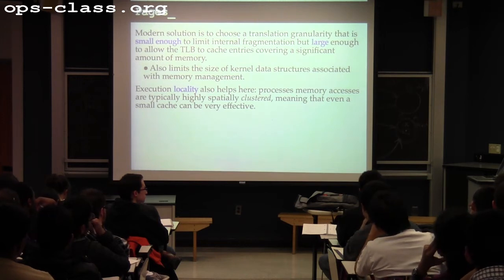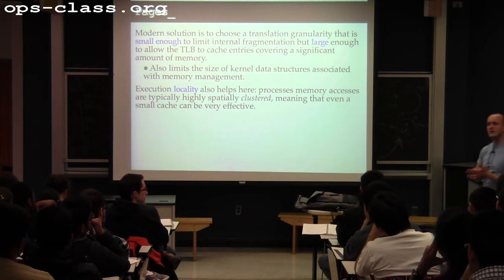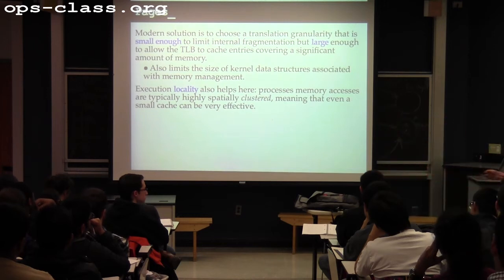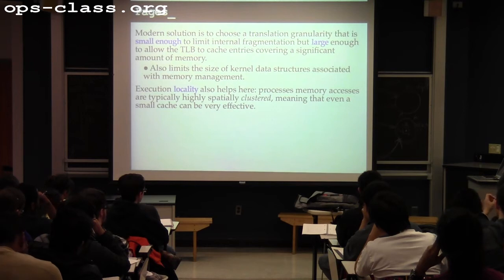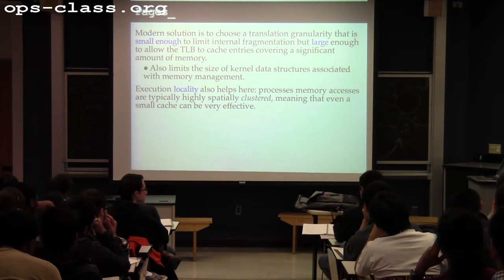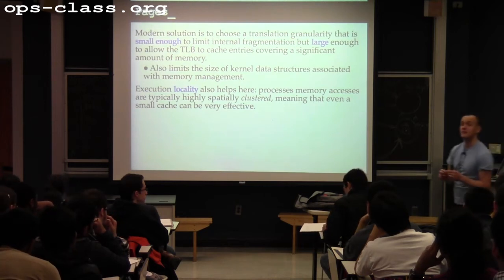Can anyone else think of other contributors to locality? I think we've got most of them. What this means is that because the memory accesses by a process are clustered within only a small amount of its address space, even a very small cache can be really effective.